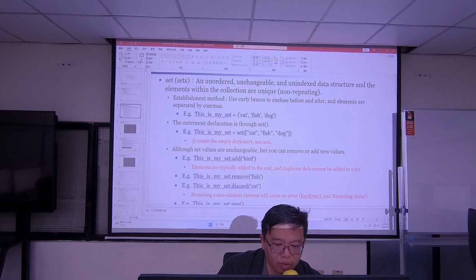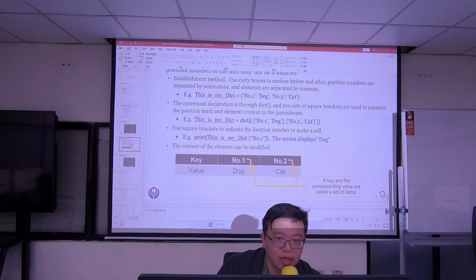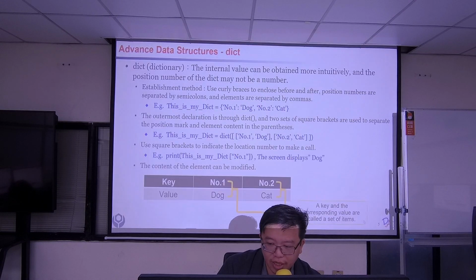Or you can also use pop, it will randomly remove an element. Okay. This is quite simple, very similar in style to the list. So I'm not going to take too much time. Let's take a look at the next variable.